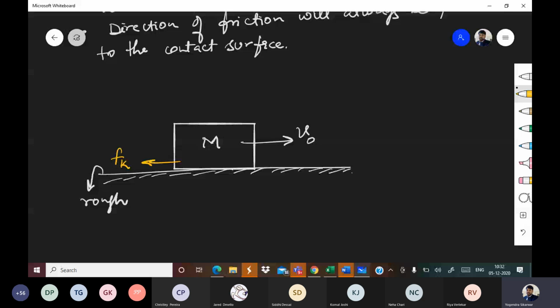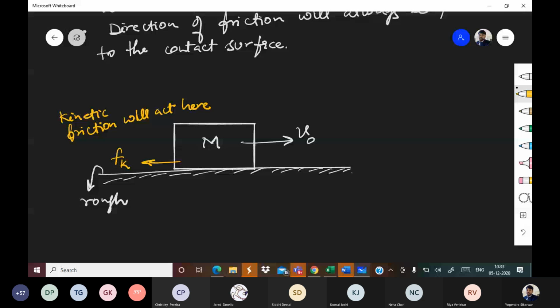So when kinetic friction comes into the picture, when relative motion is actually occurring between object and ground, it acts in such a way that relative motion should stop, relative motion must not happen.